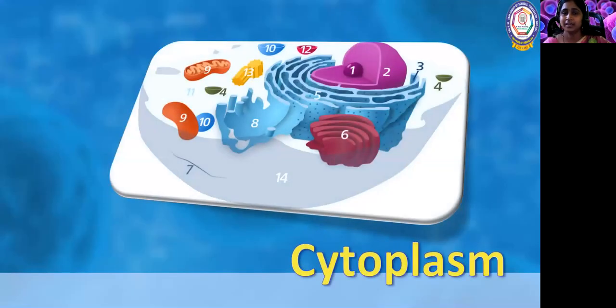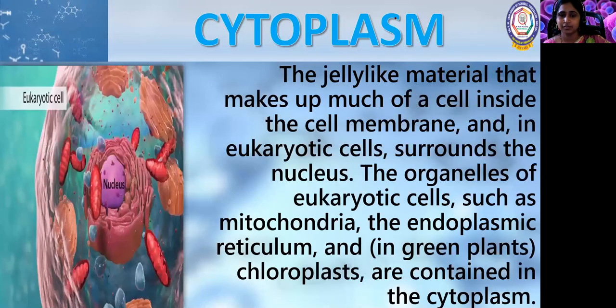Now we'll move to the second one in the structural organization of the cell: the jelly-like substance, which is nothing but cytoplasm. This is the most common word we'll be using, jelly-like, because it is so sticky, and all the cellular contents are present in that jelly-like medium.